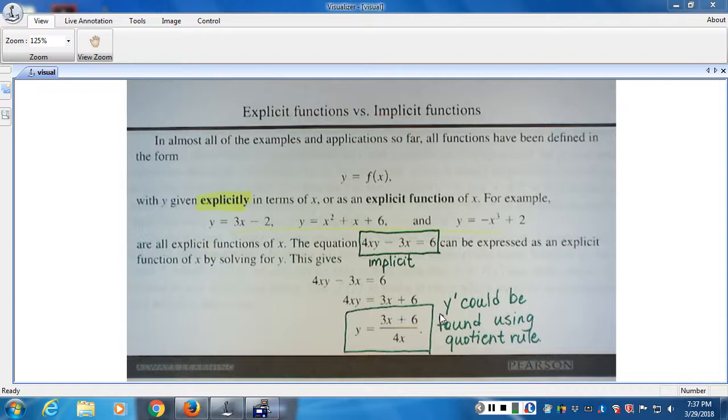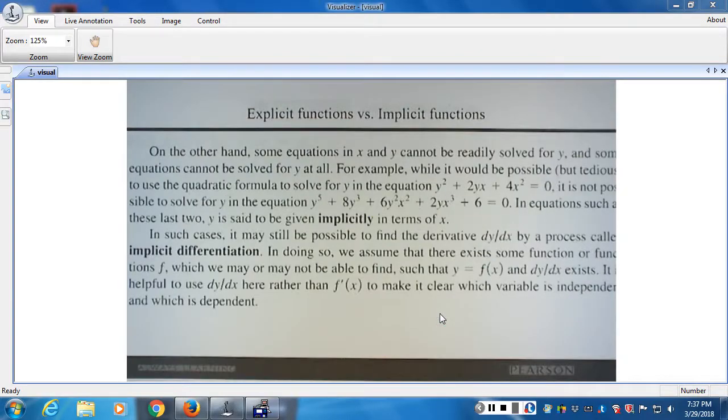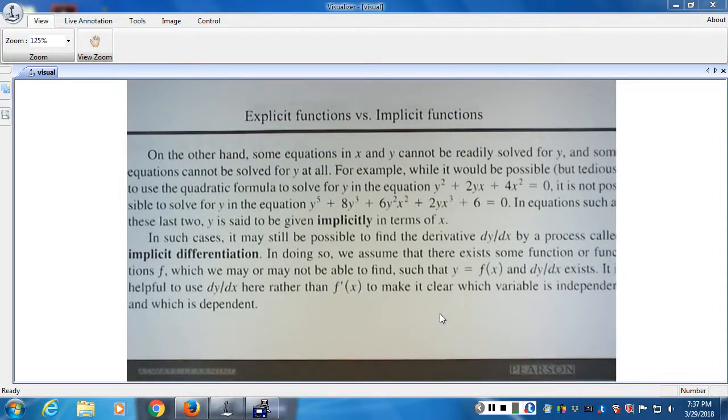But here's the problem. Some equations in x and y can't be readily solved for y. And some of them can't be solved for y at all. You can't do it. It won't work.